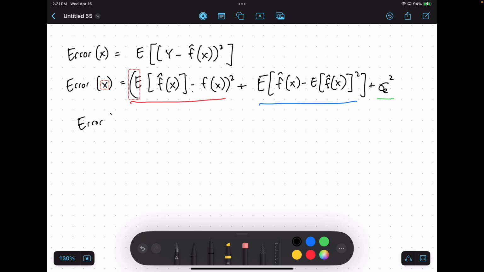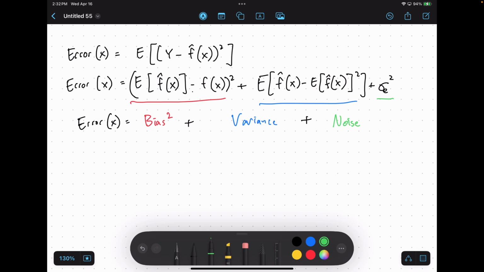So this is bias squared plus variance plus noise. Okay. So the components of your total error are equal to the sum of your bias, variance, and noise.